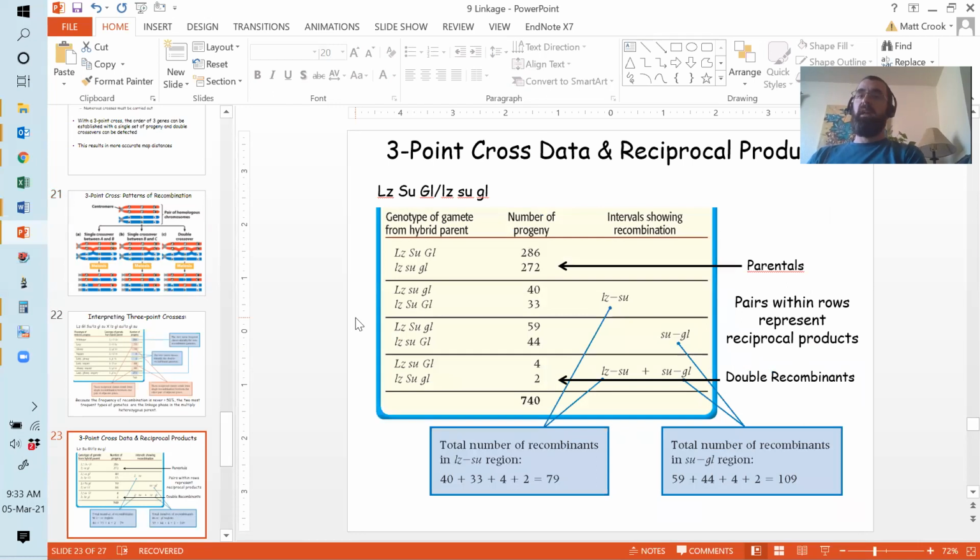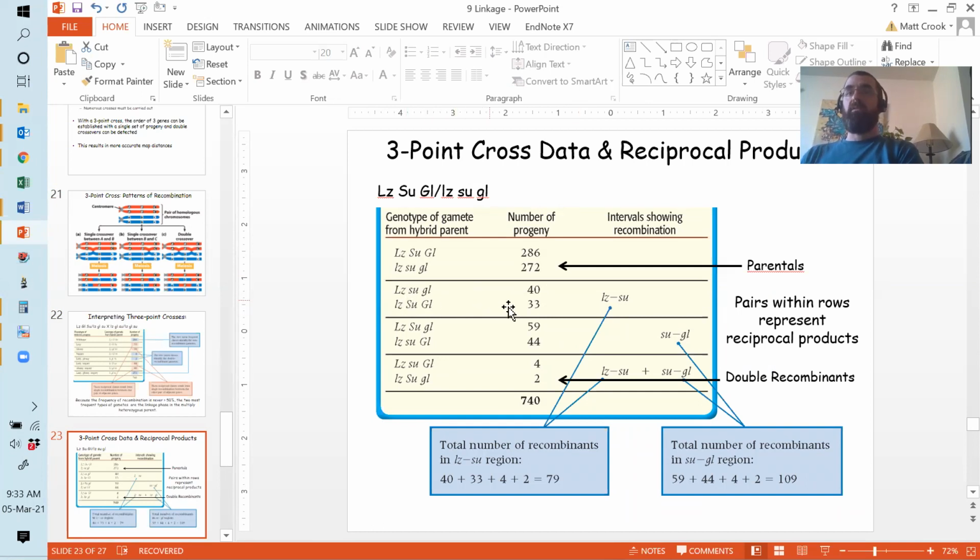If you want to work out recombination frequency or distance between LZ and SU, you absolutely have to add the double recombinants to the single recombinants for that crossover event. This is where it becomes more accurate than a bunch of 2-point crosses. If you don't, you'll get it wrong.